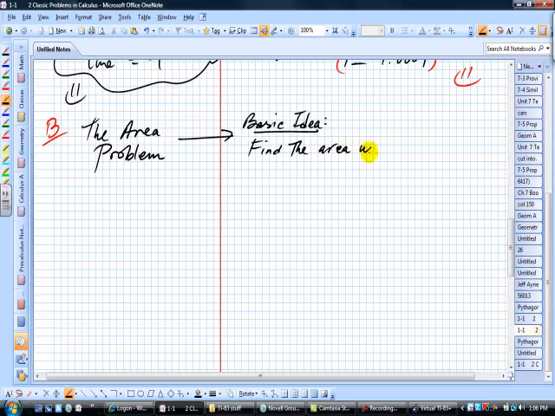under the curve, and we're going to call the curve, but it could be any curve. It can be polynomial, quadratic, any type of polynomial, any type of trig function. It could be a combination of the two. It doesn't really matter, but we're going to call it f of x in general. So find the area underneath the curve f of x and above the x-axis.